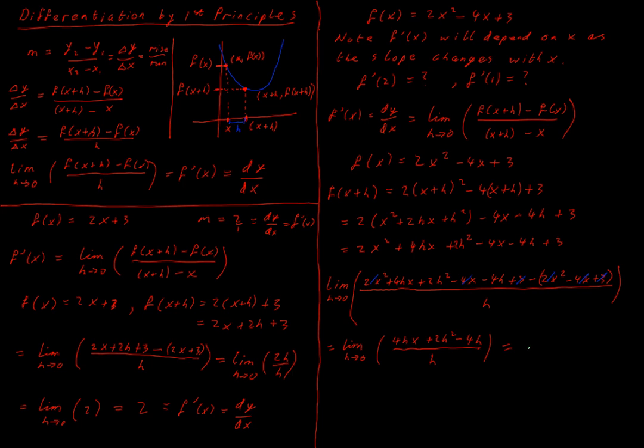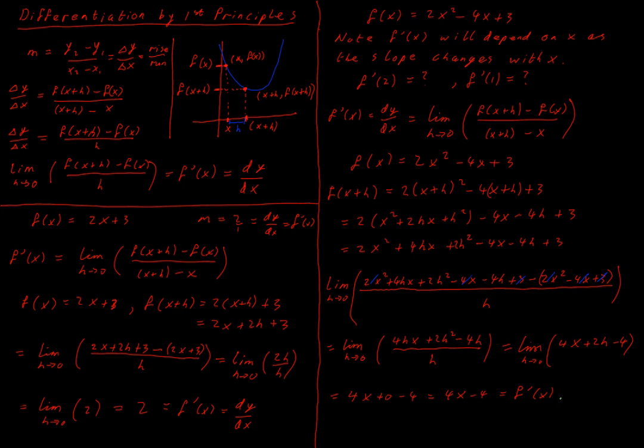Divide out my common factor of h top and bottom. So the limit as h tends to 0 then of 4x plus 2h minus 4. Let h tend to 0, and this term tends to 0, and I'm left with 4x plus 0 minus 4 equals 4x minus 4, and that is my slope function.